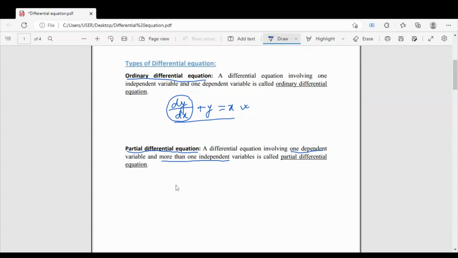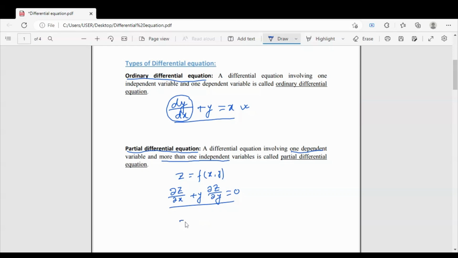For example, if z is the dependent variable and a function of x and y, then we can write the partial differential equation del z by del x plus y into del z by del y equal to 0. This is an example of a partial differential equation of first order.